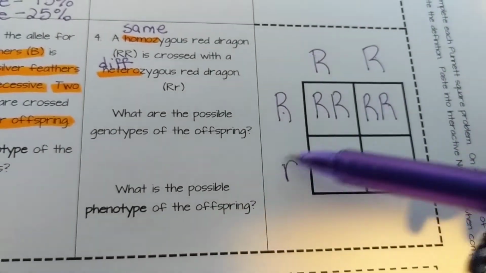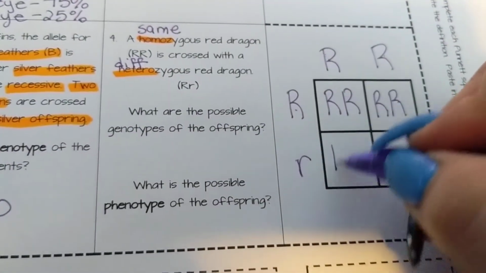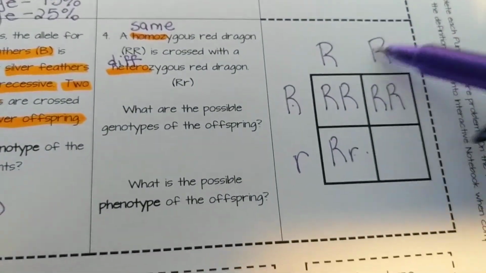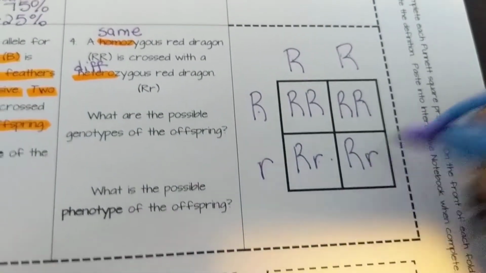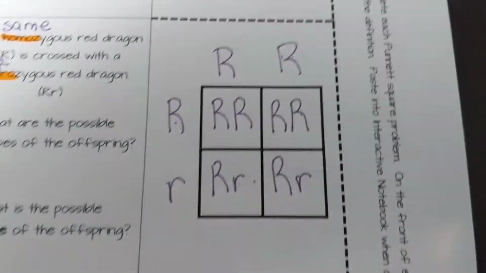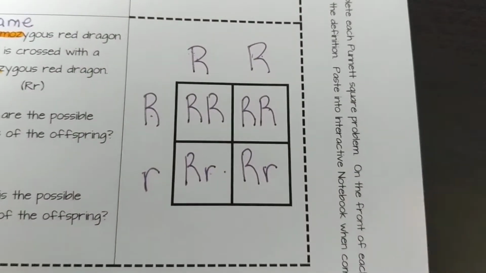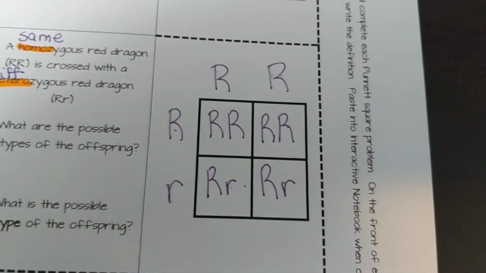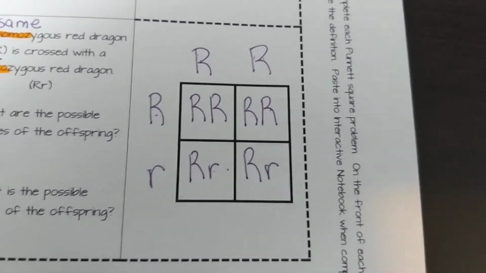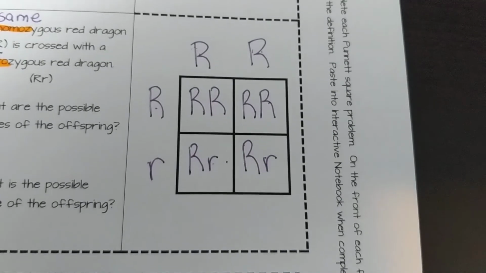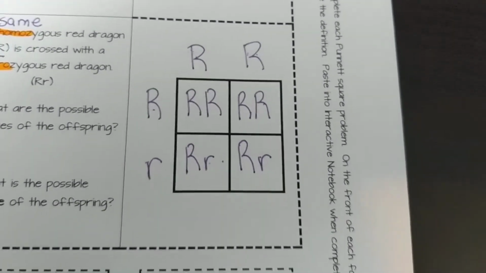Capital down, lowercase over, and capital down, lowercase over. Well, looky here. Every single genotype has a capital letter. We know that capital letters are dominant. Anytime a dominant genotype is expressed, that's the trait that will be shown.